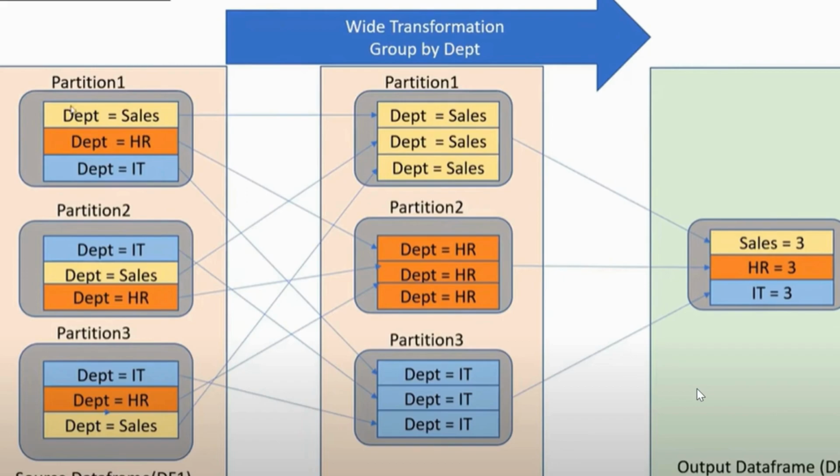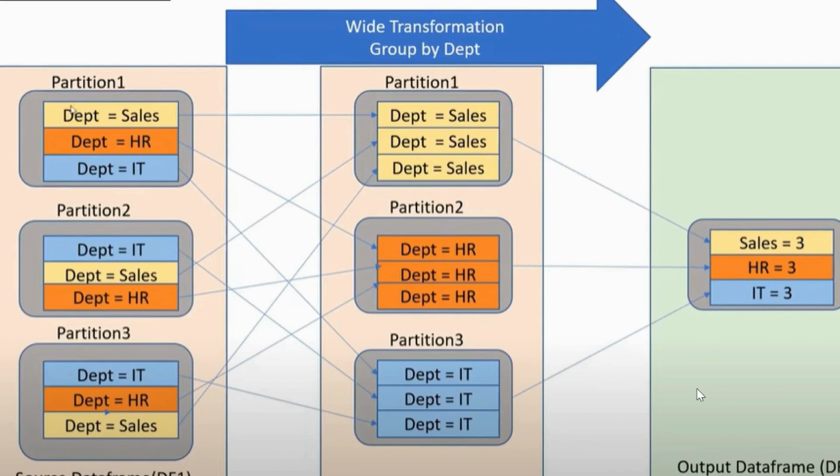In the third partition, it may have some other data. Now, I want to get all the employee counts by department. Let's say how many employees are working in the sales department, how many employees are working in HR, and how many are working in IT. So for that, I have to basically group the data on the basis of department, and then I have to calculate how many employees are working in that particular department.